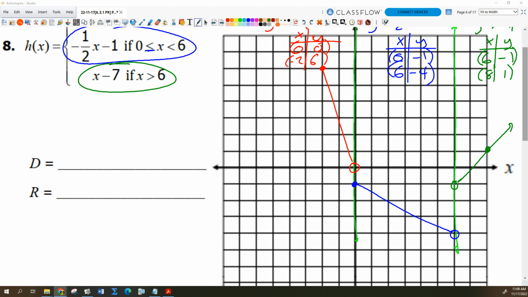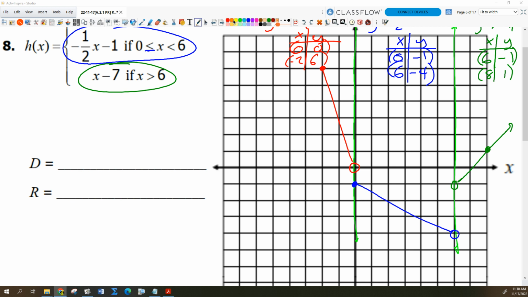Okay, the domain. If we look at the red domain, describe the red domain. Miranda, what's that look like? If I compress the entire infinite red piece onto the x-axis, what would I get? Okay, because you're looking at that one right there, right?